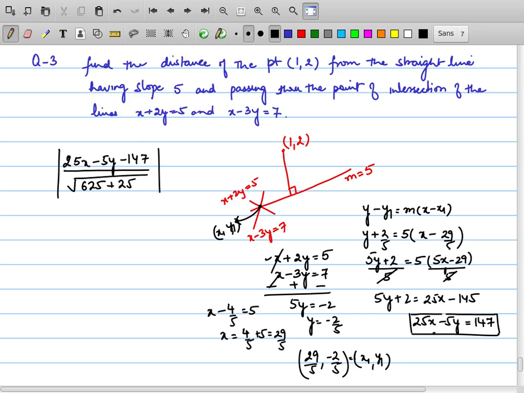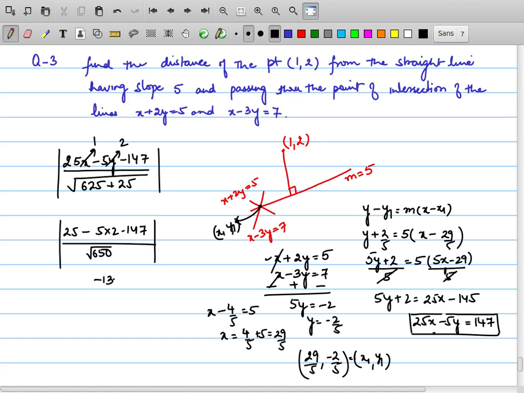Take the mod and put the value of x as 1 and the value of y as 2. So 25 into 1 is 25, minus 5 into 2, minus 147, divided by root 650.